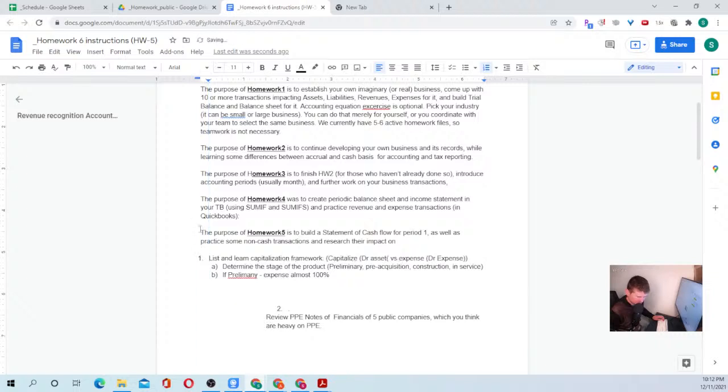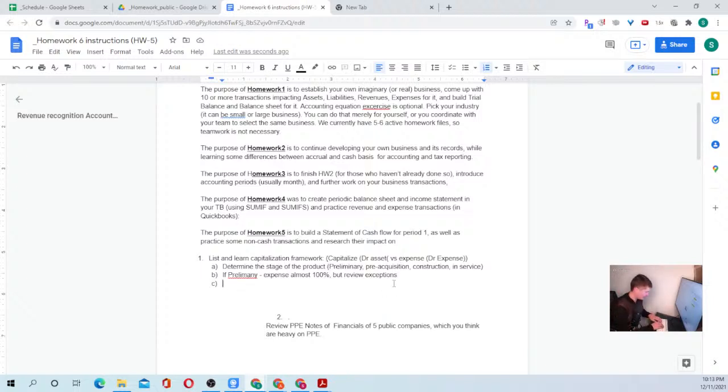Okay, I don't like that formatting. So if we are in a preliminary stage of the project, most of the time we expense everything, but there might be some exceptions in the standard related to that.